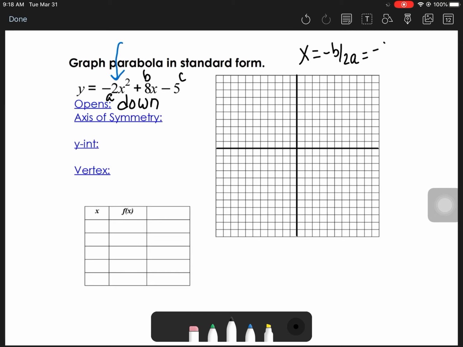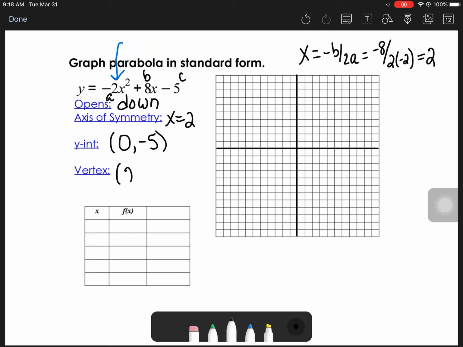Negative b, the opposite of b would be negative 8. And then 2 times a, which is negative 2. So we have negative 8 over negative 4, which is 2. So our axis of symmetry is x equals 2. Our y-intercept is our c value as long as our equation is written in standard form.